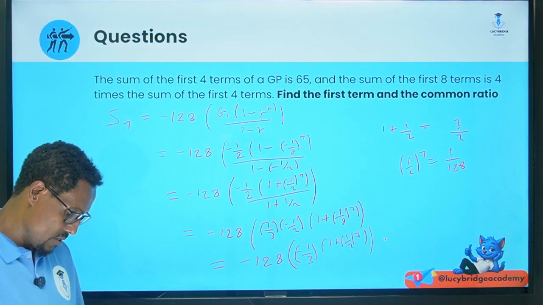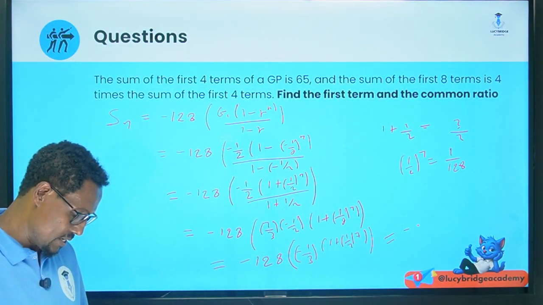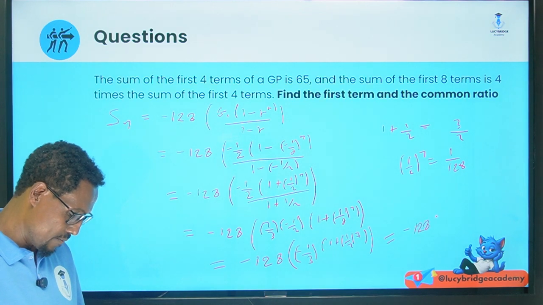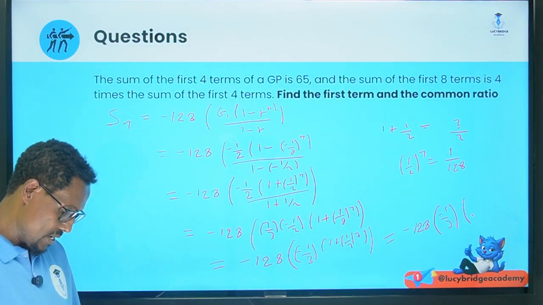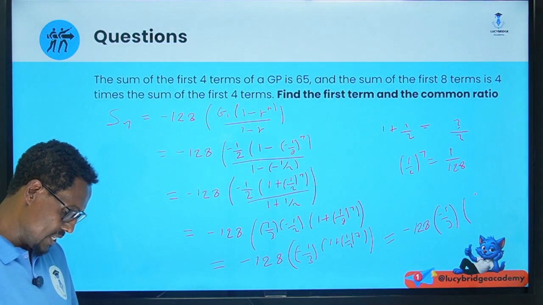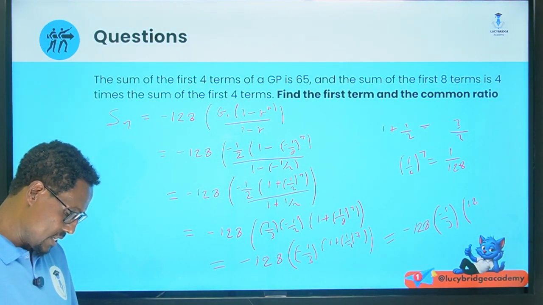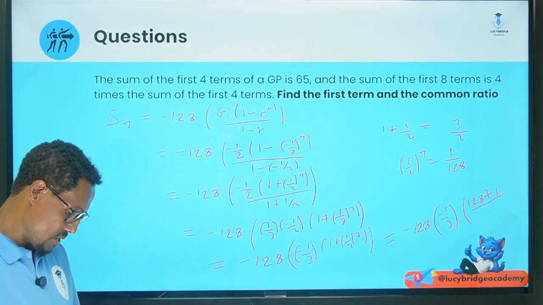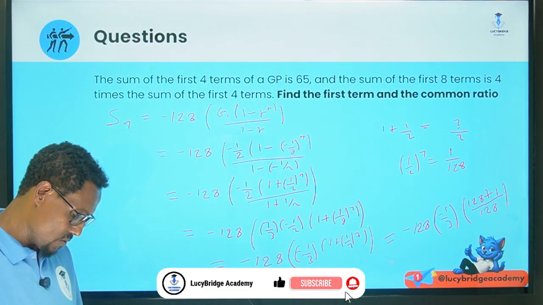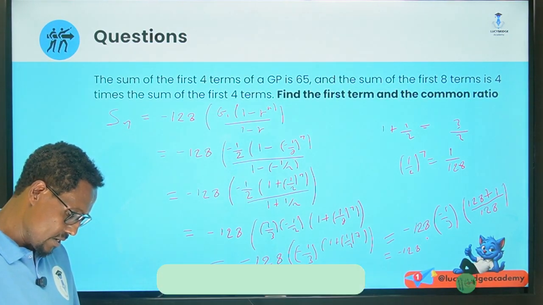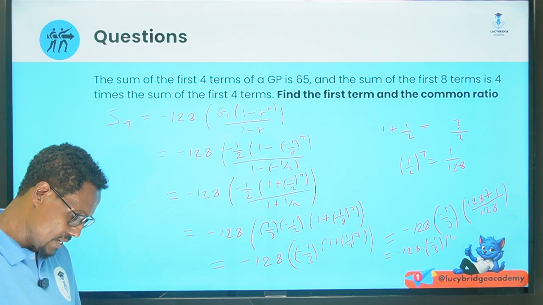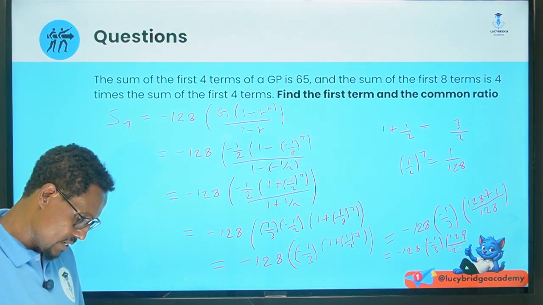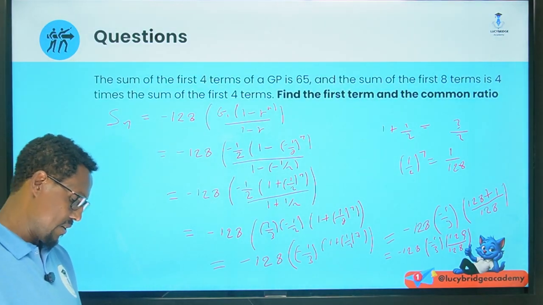So this means minus 128 times minus 1 over 3 times (1 plus 1 over 128), meaning (128 plus 1) over 128, which is equal to minus 128 times minus 1 over 3 times 129 over 128. You can simplify the number, of course.